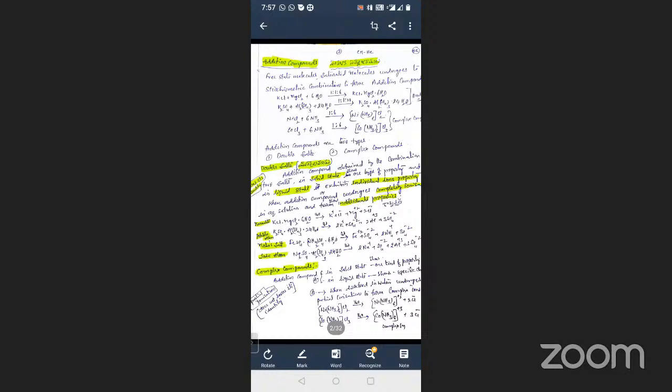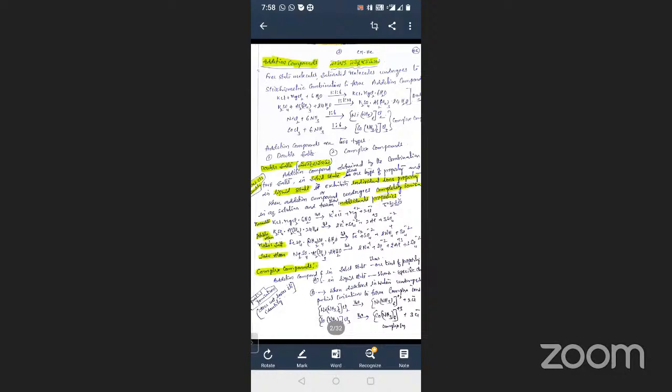The stoichiometric combination is 1:1:24. So we will get one compound, that is K2SO4 dot Al2(SO4)3 dot 24H2O. Here that is the potash alum. The combination is 1:1:24. The carnallite is 1:1:6. So we will get one type of compound.